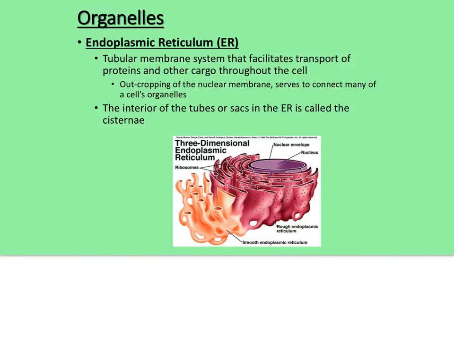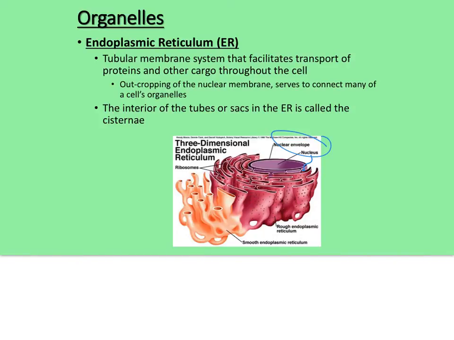Now, the endoplasmic reticulum, as pictured here, is a tubular membrane system that actually starts as an offshoot of the nucleus. So notice it's actually connected to this nuclear envelope. The ER is a system of sacs, basically, that transports proteins and other products throughout the cell.